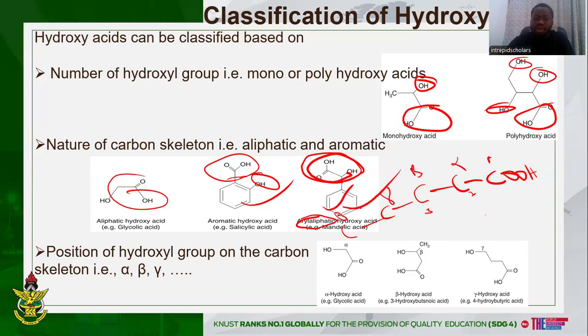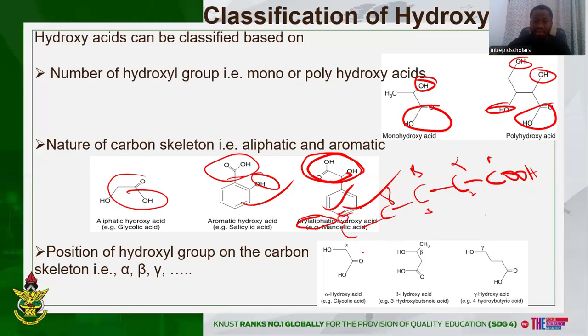And so depending on where the OH is substituted, we will have an alpha hydroxy acid when it's substituted on carbon 2, we can have a beta hydroxy acid, we can have a gamma hydroxy acid, and we can have what? A delta hydroxy acid. Now, all these hydroxy acids will behave differently. And this is a particular classification which is of importance when we are looking at this particular topic, right?